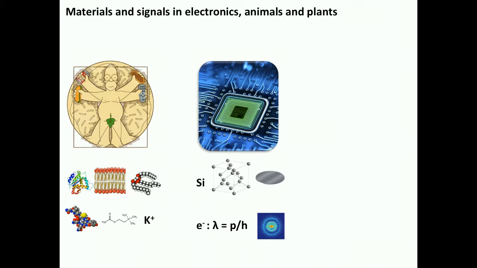And typical signals within this system to regulate all the physiology, all the growth, and all the processes in animals are typically cations, neurotransmitters, proteins, and a vast array of other signaling entities.